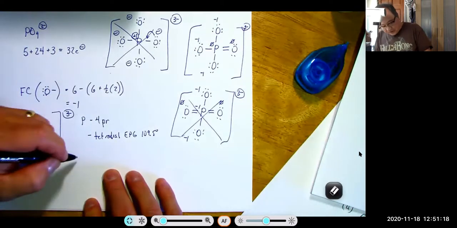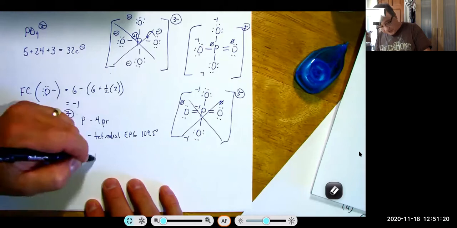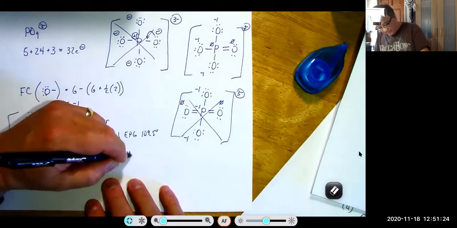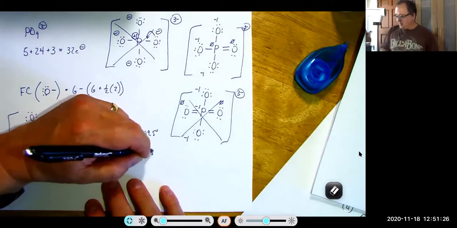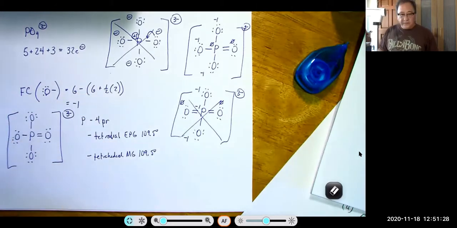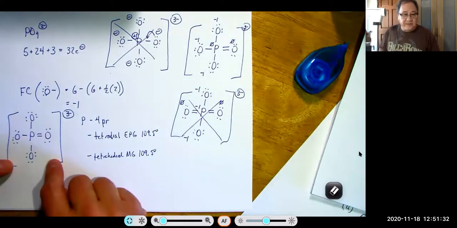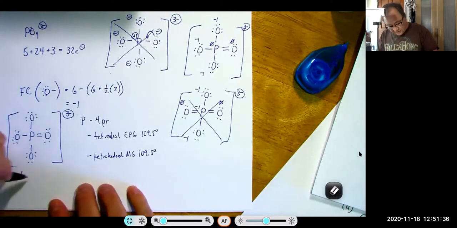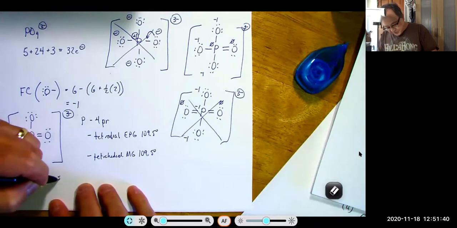And what's the molecular geometry? It's also tetrahedral. Are we okay with how we got to the final answer here? We could also put 3 more resonance structures.